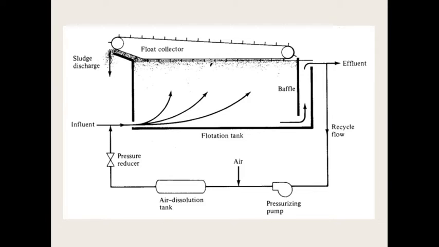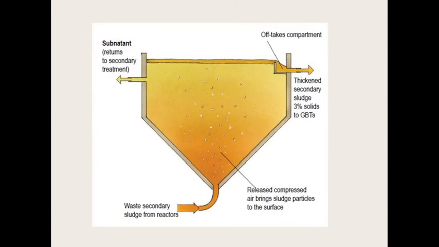So here is the air dissolution tank and pressurizing pump. This is the subnatant, which returns to secondary treatment from the bottom. Waste secondary sludge from the reactor and released compressed air bring sludge particles to the surface. So here we supply the air from the bottom.